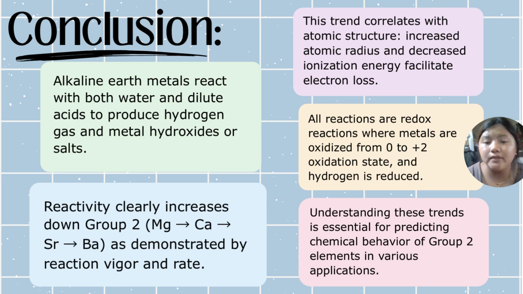And radium is highly radioactive and very unstable, is rarely found, and is too dangerous to use in the experiments. That's why both beryllium and radium are excluded here. Both of them have special characteristics that make them different, unlike the four elements that belong to group 2 alkaline earth metals. And I hope you understood what I pointed out.